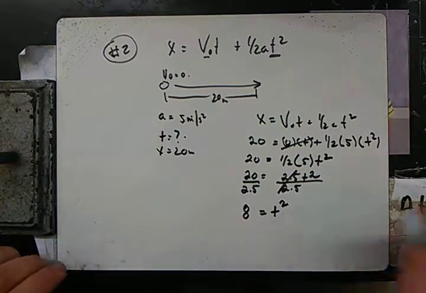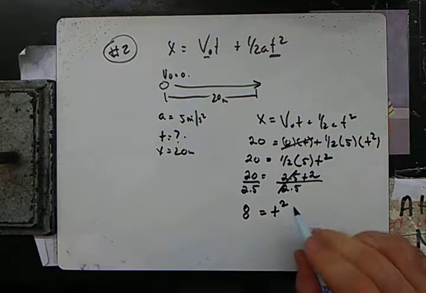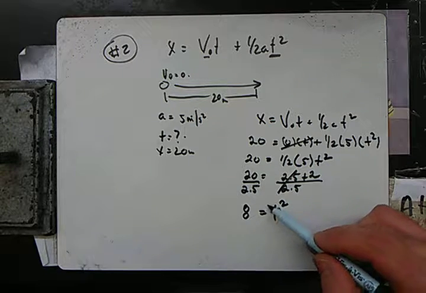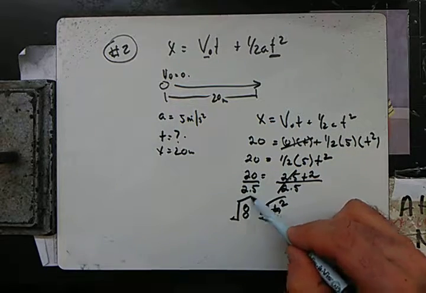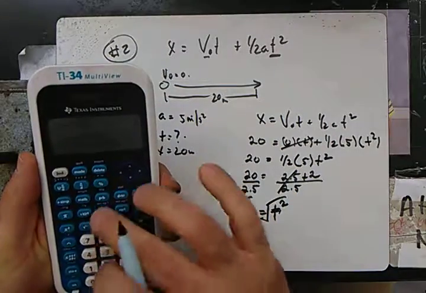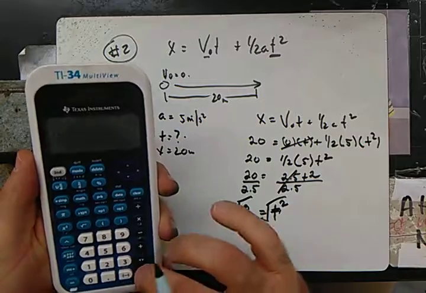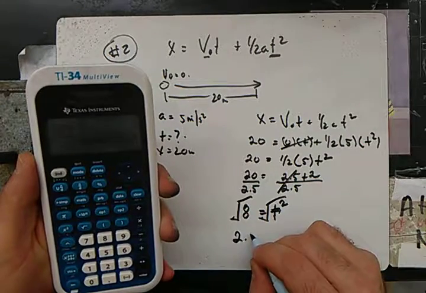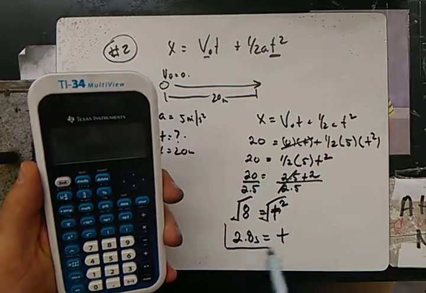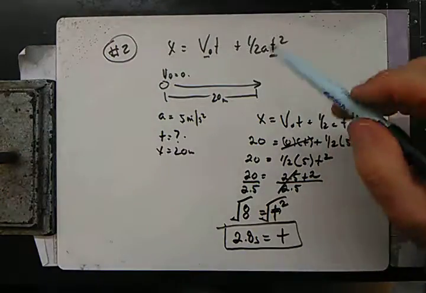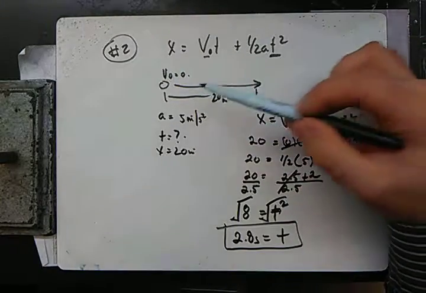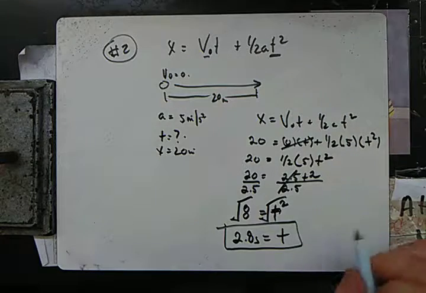Almost there, guys, I promise. t squared is 8. To get rid of the square, we square root it. So the square root of 8 is 2.8 seconds. So for the ball to go 20 meters with an acceleration of 5, it will take 2.8 seconds.